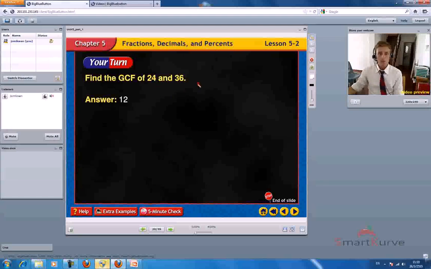Find the greatest common factor of 24 and 36. Well, we can do it either of the two ways we just learned. If we do it the first way, we have 24 and 36.